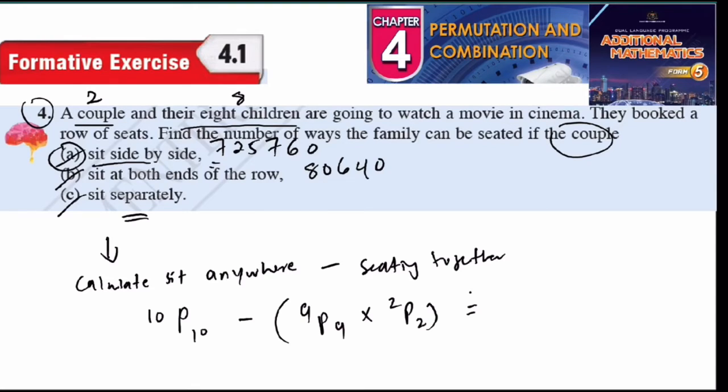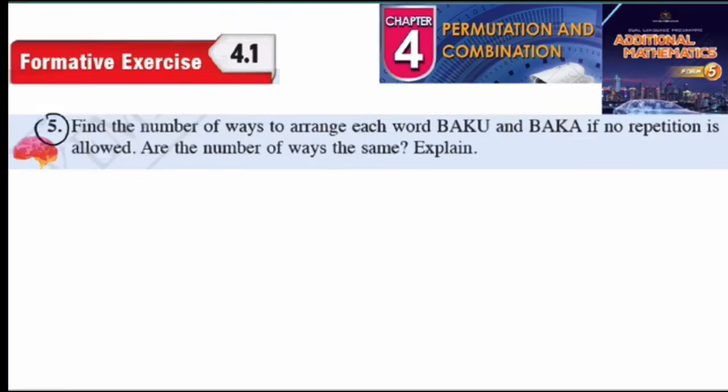So the answer that you get will be a very big number, which is 2,903,040. So we have so many ways for the parents if they sit separately. Right, let's proceed to question number 5.